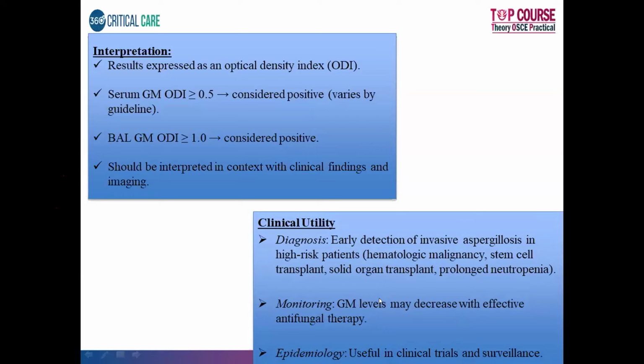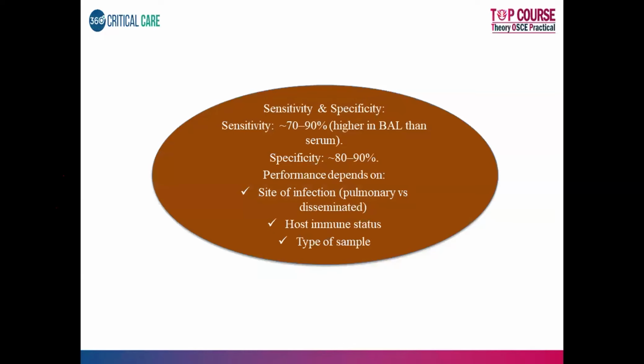Because if you delay treatment in these patients, they may land up in complications. Monitoring: galactomannan assay levels may decrease with effective antifungal therapy. So in order to see whether the patient is improving or not, you can do your galactomannan assay. And it's used epidemiologically in clinical trials and surveillance.